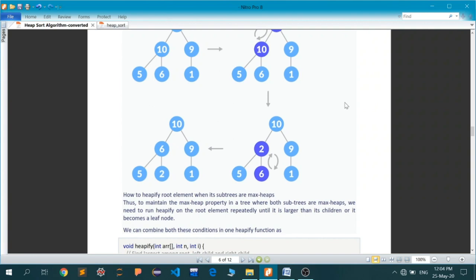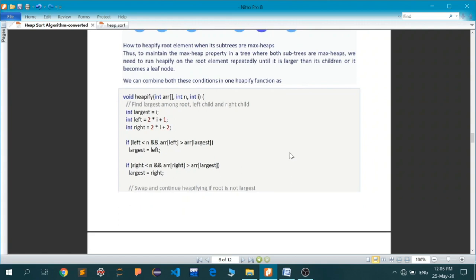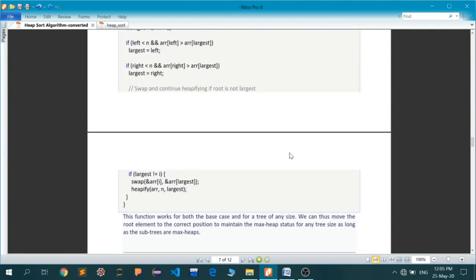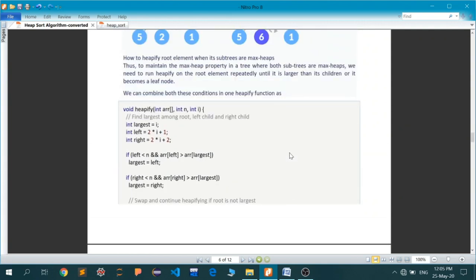So we have to apply the max heap laws to the complete tree until the complete binary tree has been converted to a max heap, and this is actually our heapify algorithm. Okay, so let's go ahead with our heapify algorithm.